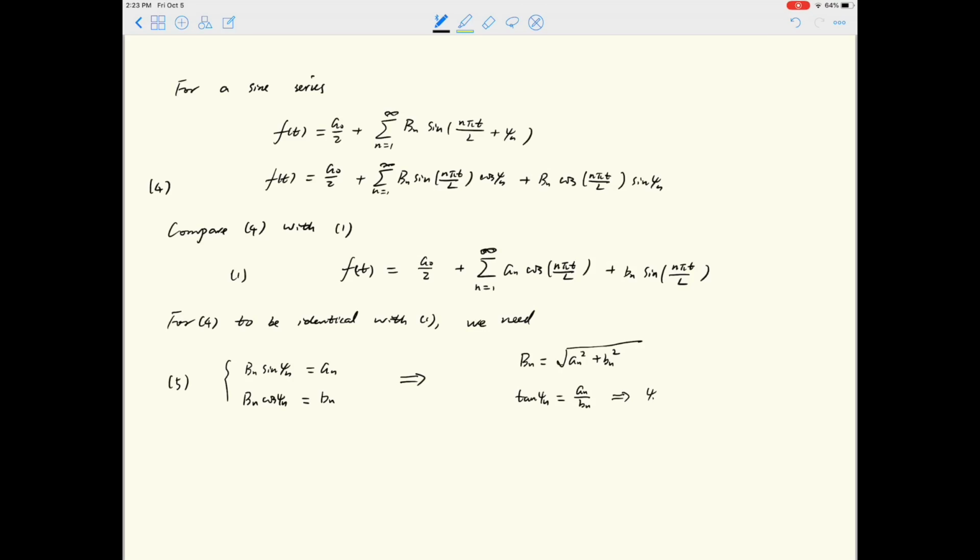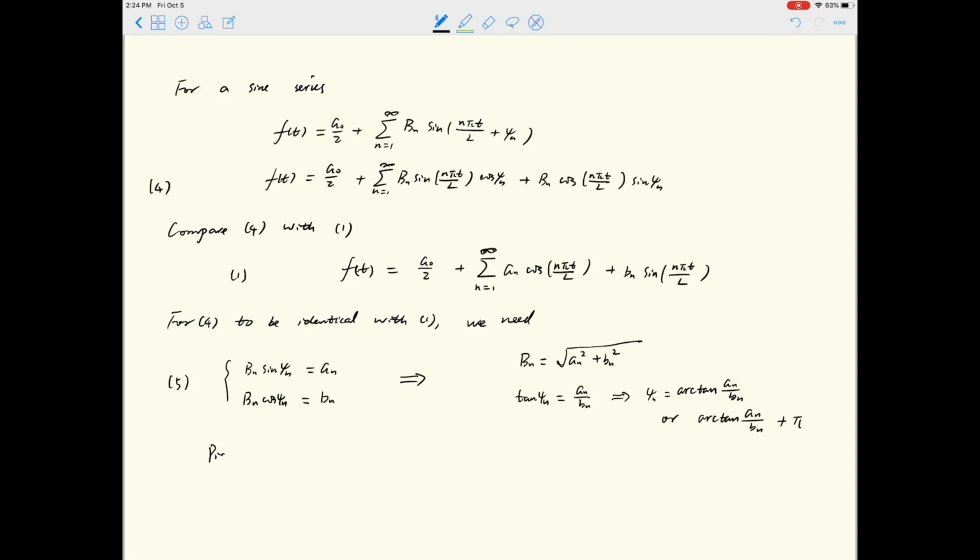Now, from this equation, we know that psi n will be equal to arctan of little an over little bn, or arctan of an over little bn plus pi. Exactly which value you should take for psi n depends on the sign of little an and the sign of little bn.